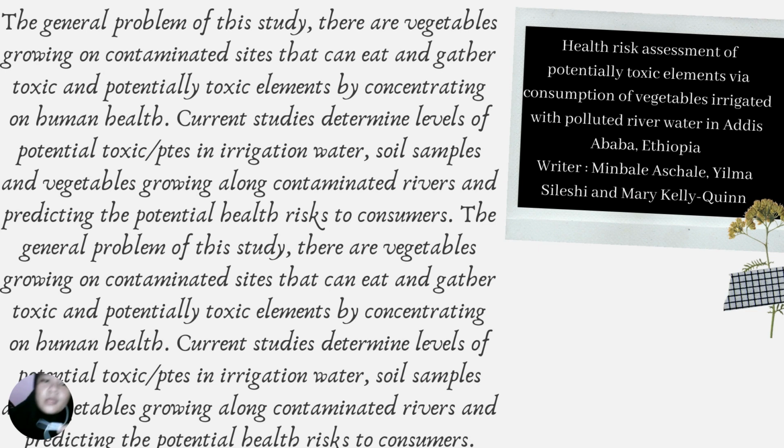Citarum. Next is about Health Risk Assessment of Potentially Toxic Elements via Consumption of Vegetables Irrigated with Polluted Water in Addis Ababa, Ethiopia. The general problem of this study is that vegetables growing on contaminated sites can be eaten and gather toxic and potentially toxic elements, concentrating on human health.